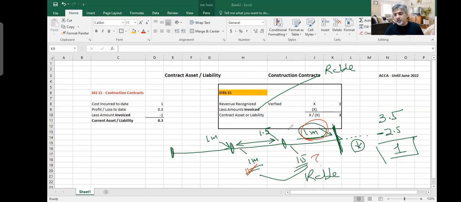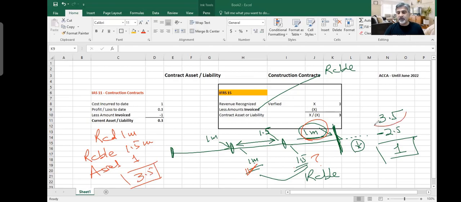So if I ask you from this scenario, received is 1 million, receivable is 1.5 million, and contract asset is 1 million. Together these 3.5 million make up my revenue recognized. So receivable and asset are two different things.